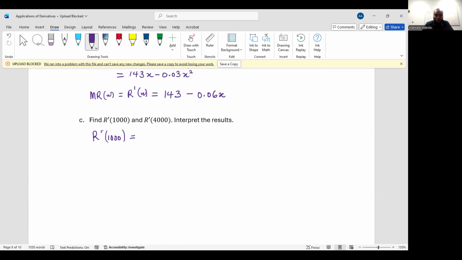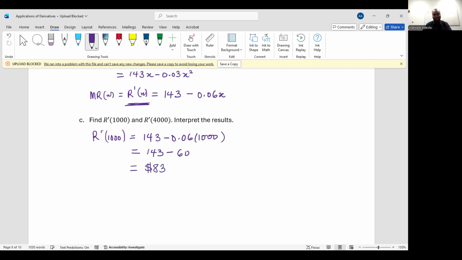So we just need to use our revenue derivative, which we already took: 143 minus 0.06 times 1,000. See how easy it is? That is 143 minus 60, which is 83. Yes, that is $83.